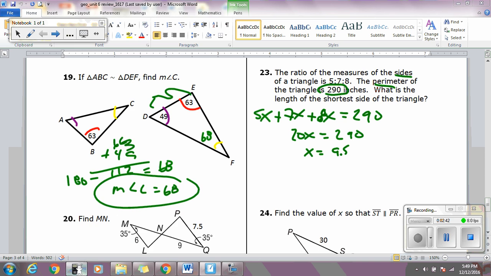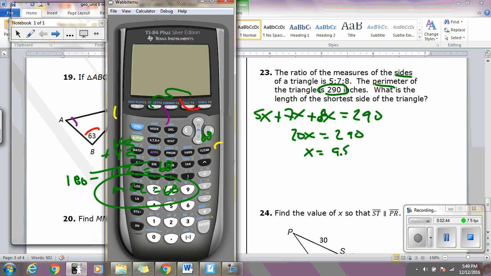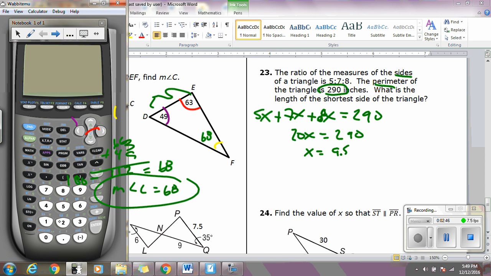I believe it's 9.5. Oh, way off. 14.5. My bad.